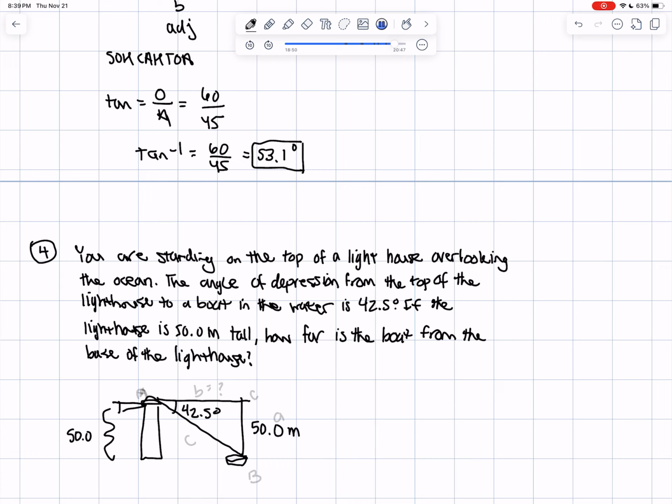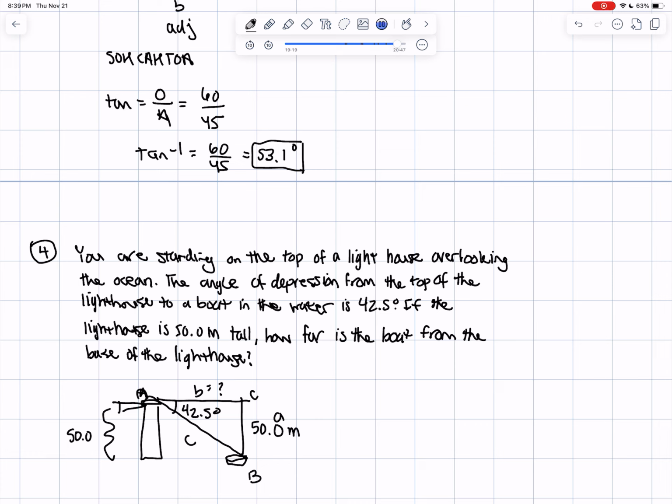So picture this as C, A, B. And then this is little a, little b, C. So if they are asking us to find B, because they're saying how far, this is what we're trying to find. This means you have to find little b.